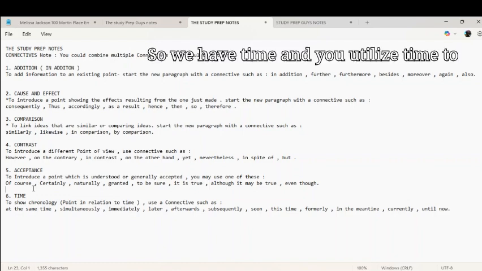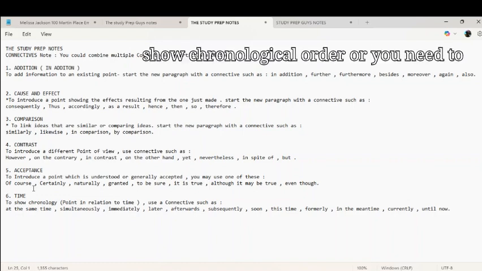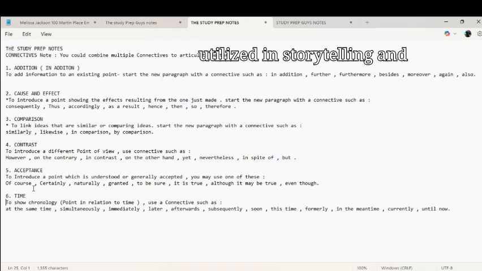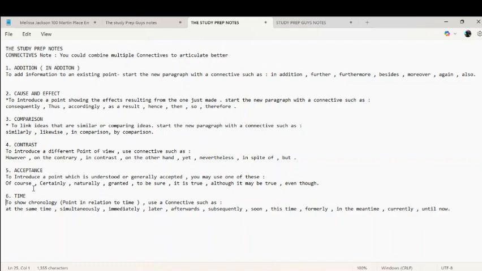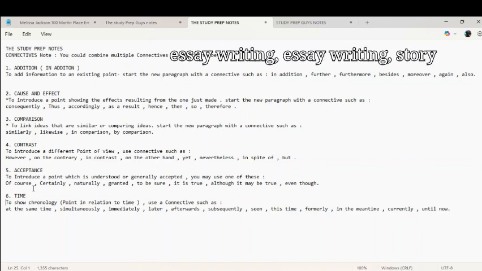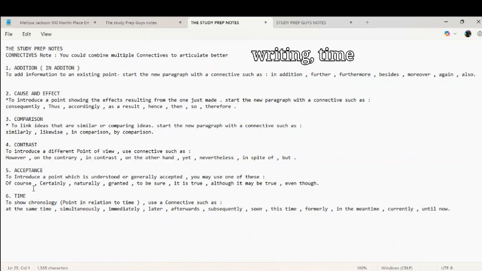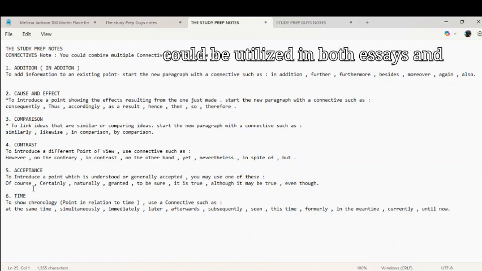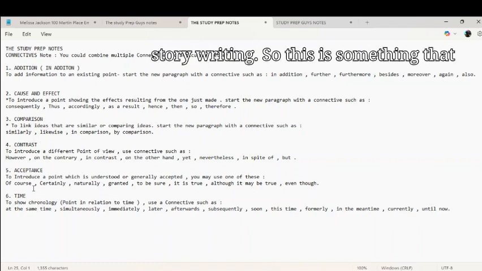So we have time, and you utilize time to show chronological order. Time could be utilized in both storytelling and essay writing. Chronological order could be utilized in both essays and story writing.